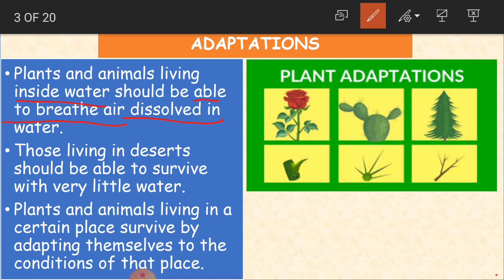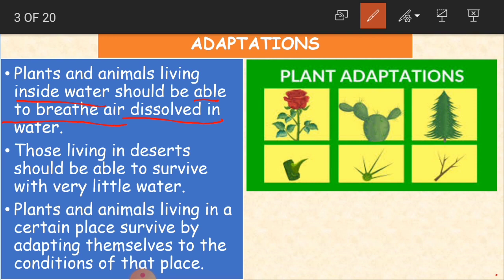Understood, children? So a plant which is living inside the water must be able to breathe the air which is dissolved in water. This is called adaptation. This is one example, where it is making itself comfortable to live in water.